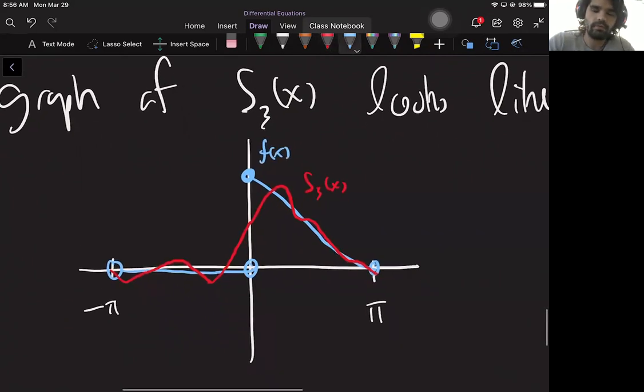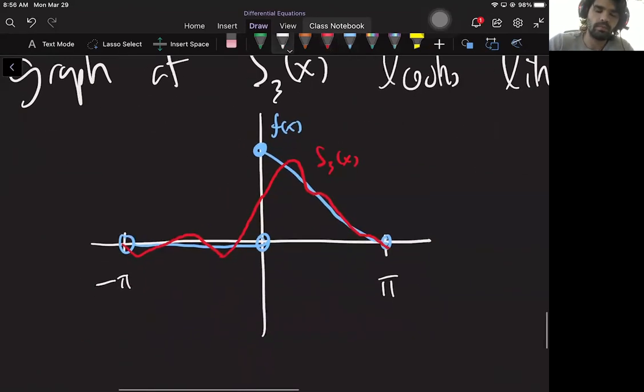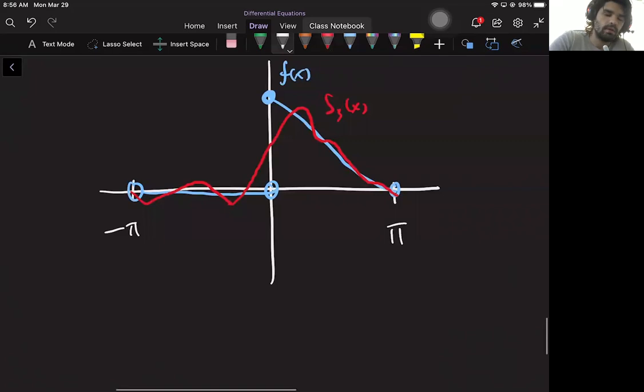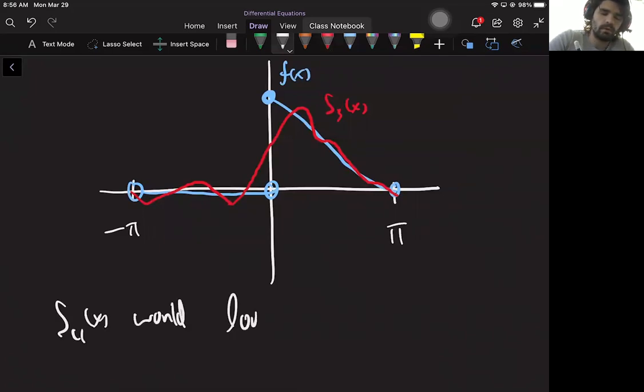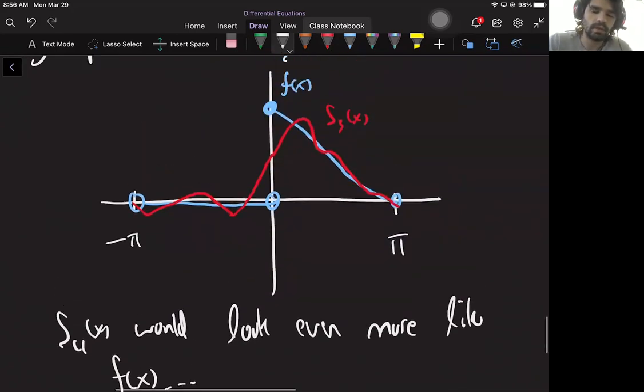But as you write more terms, you'll get better and better looking things. So S4 of x would look even more like f of x. And so S5 would look even more, and so on like that.